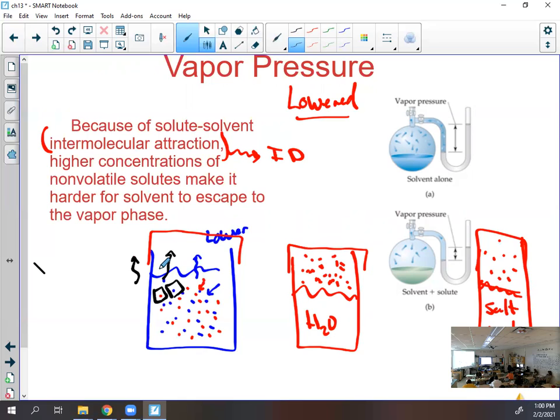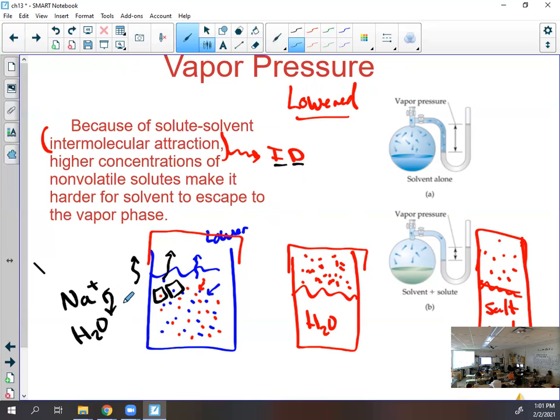Okay, so make sure you understand and could explain this. Like the ID means ion-dipole. So, if this were salt and water, the salt particle and the water particle would have some attraction.